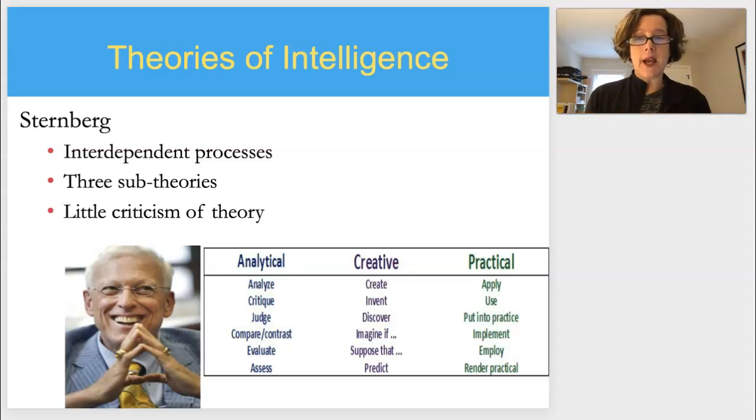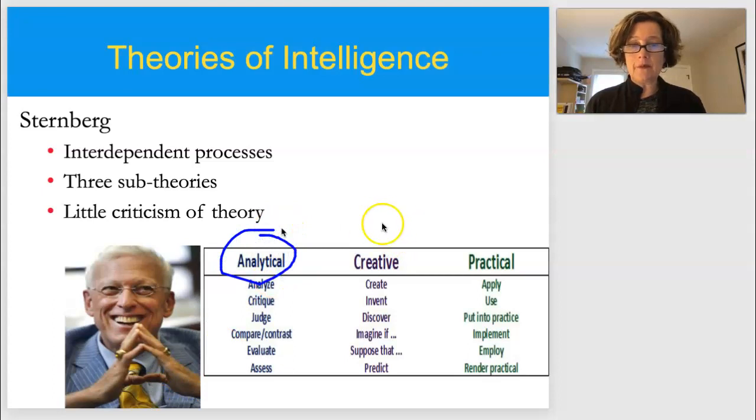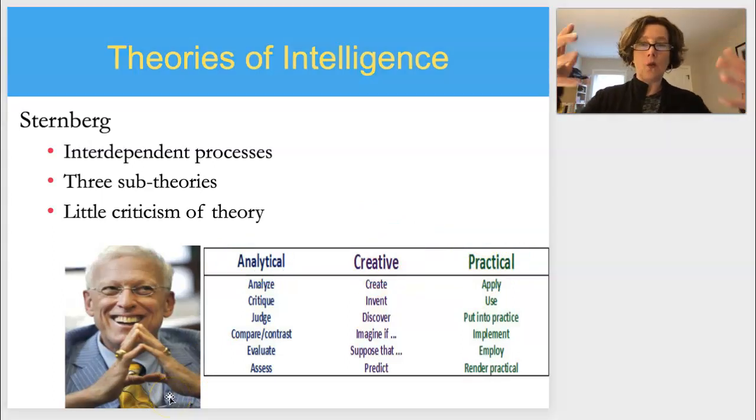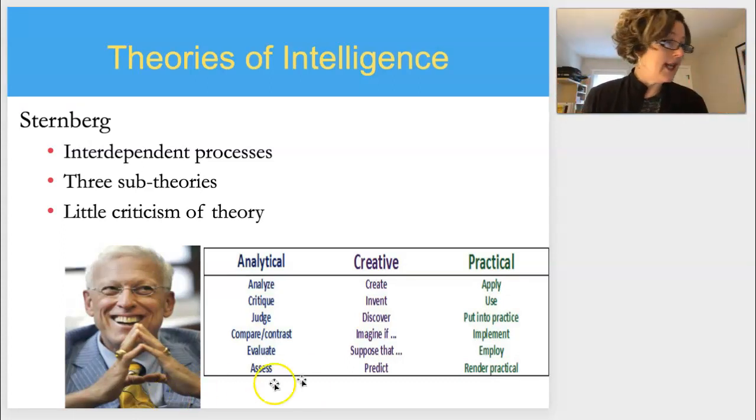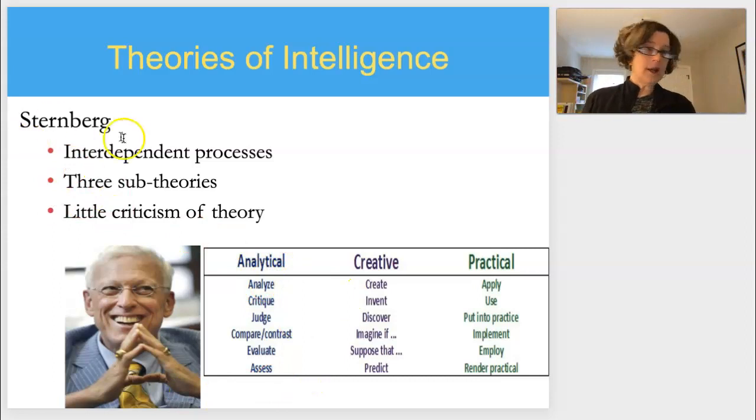He talks about that it is an interdependent process, and that these three sub-theories, analytical, creative, and practical, it's actually the intelligence is how they actually work together, how they are interdependent instead of independent. He focused on improving overall performance in all three areas, and that is actually what improving intelligence is.